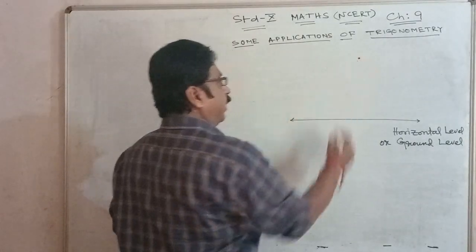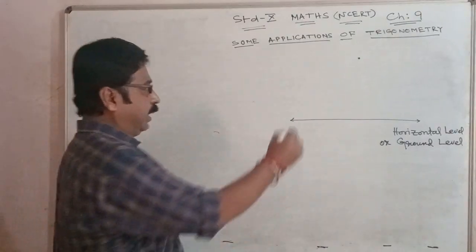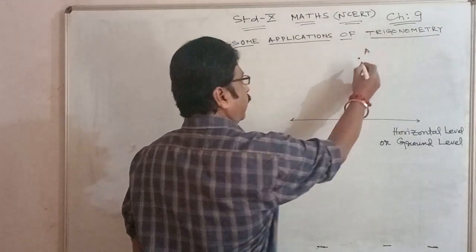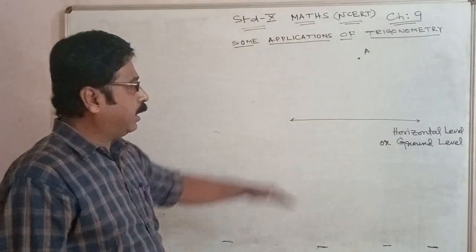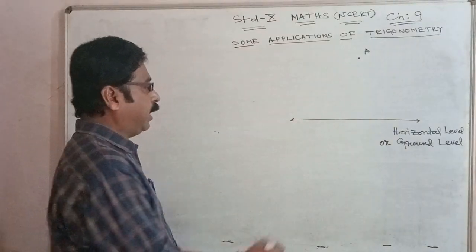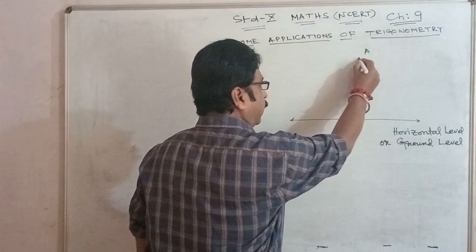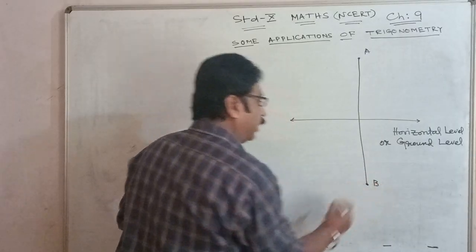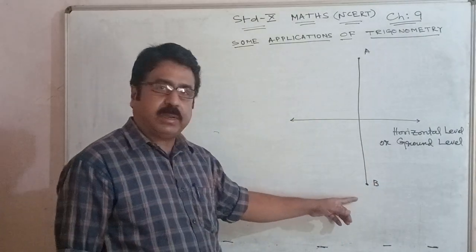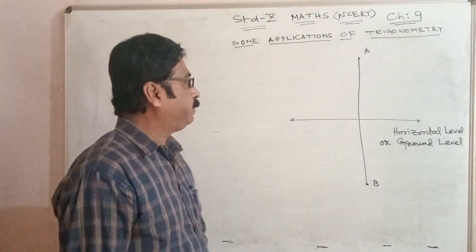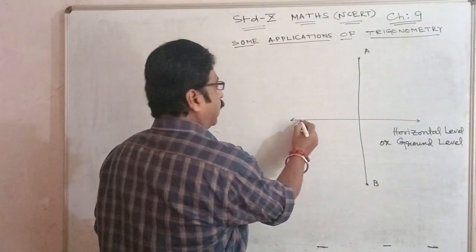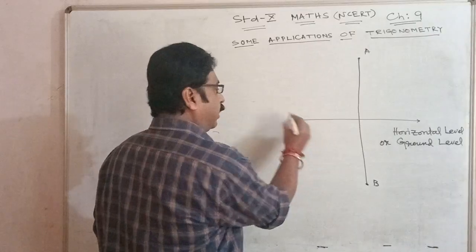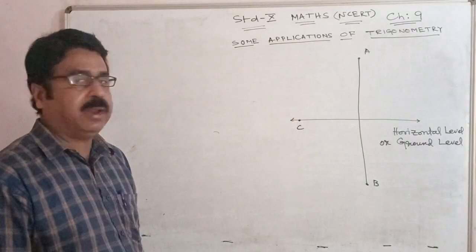Suppose this is a point A. This point is located above the ground, and this is another point, suppose point B. This point B is located below the ground level. Suppose it is a point C on the ground level.